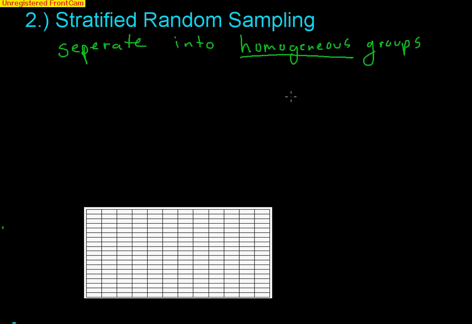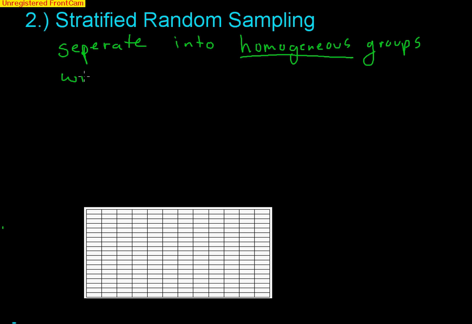Something as simple as males in this group, females in that group. Or maybe we can do race: white in this group, Asian in this group, African American in this group, Hispanic in this group. Or we could do grades: sophomores, freshmen, seniors, juniors. Those groups are homogeneous. Homo means the same, so people within those groups are the same.